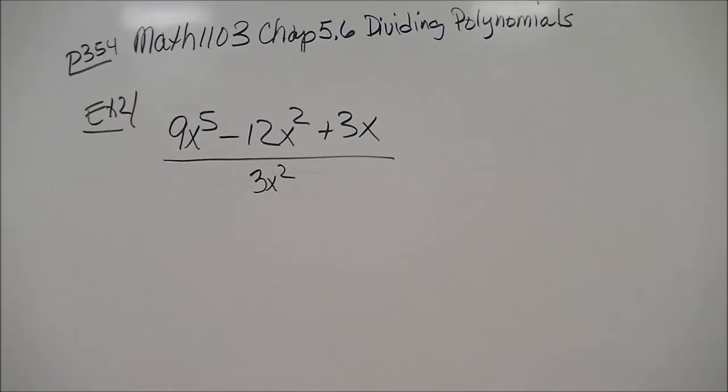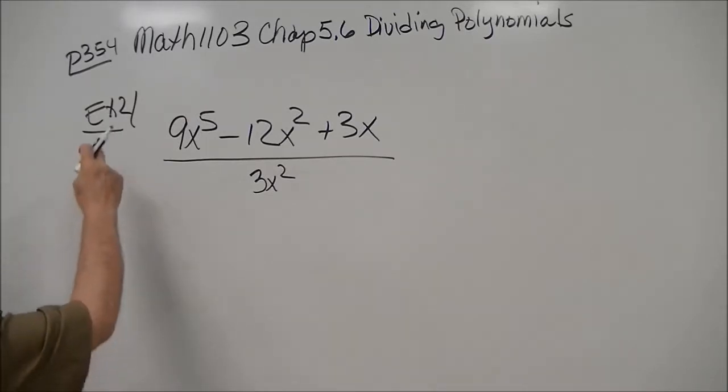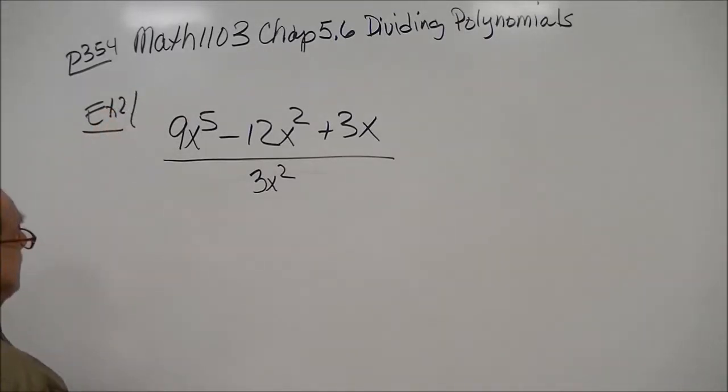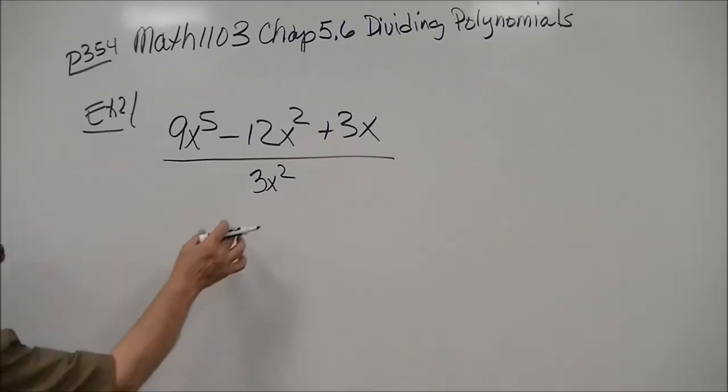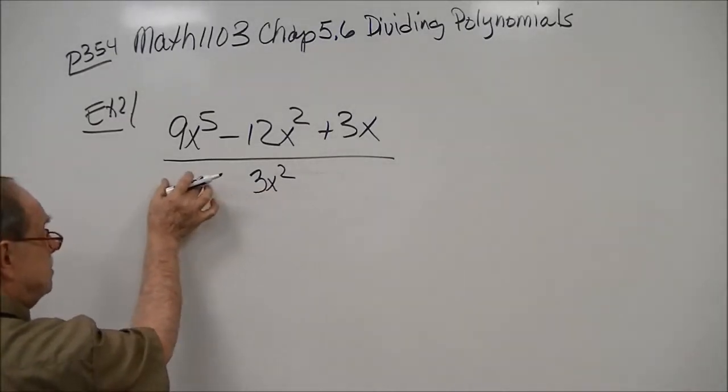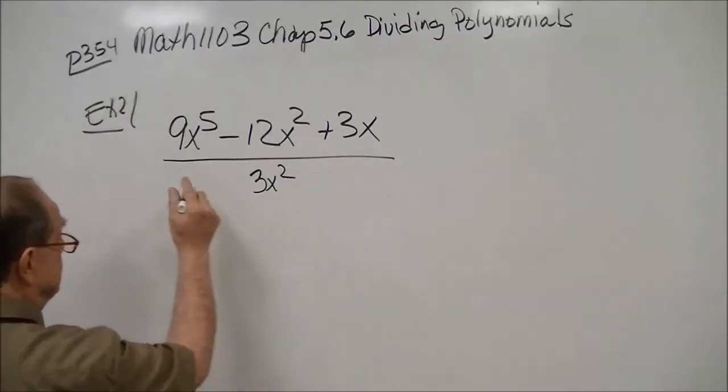Now, as we do example 2, it looks like this. But what strategy would you do? And as I've told students in many classes, take your common denominator and put it under each term.